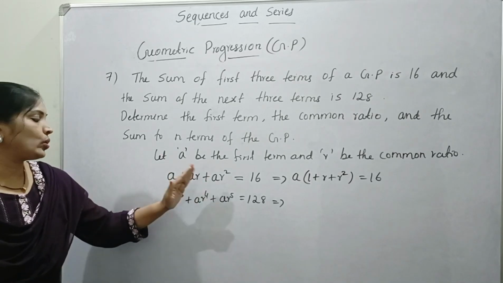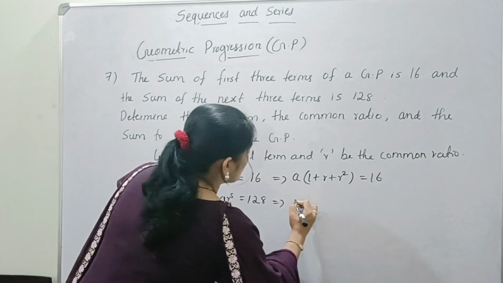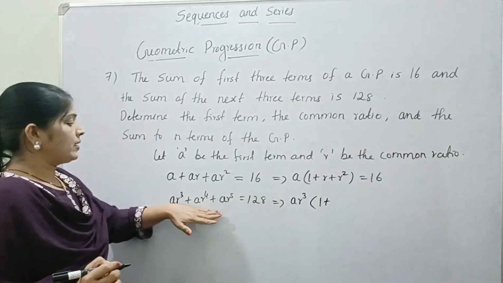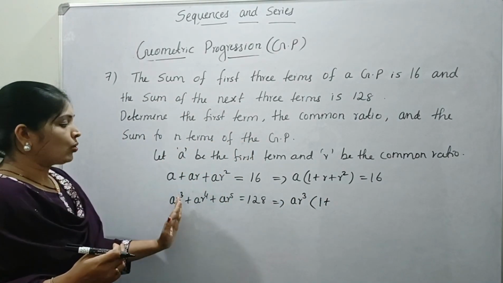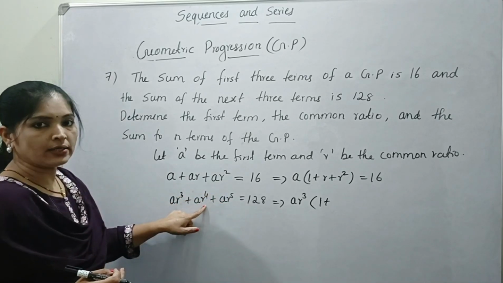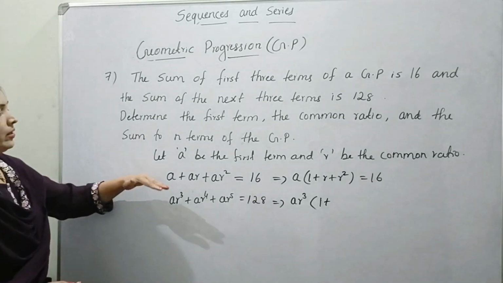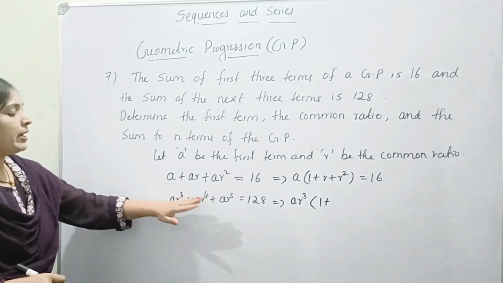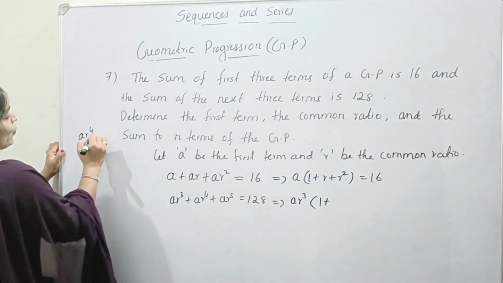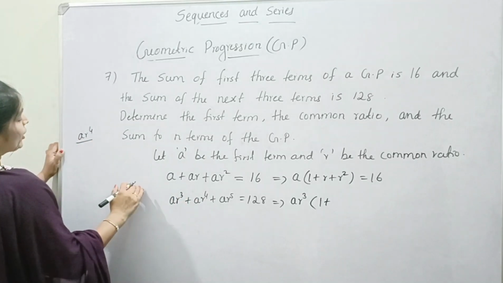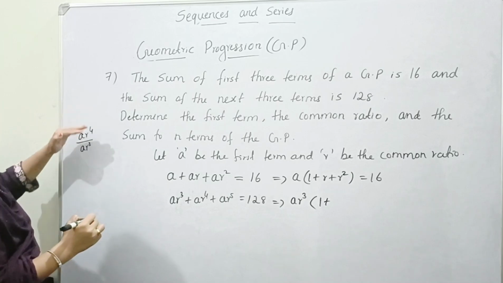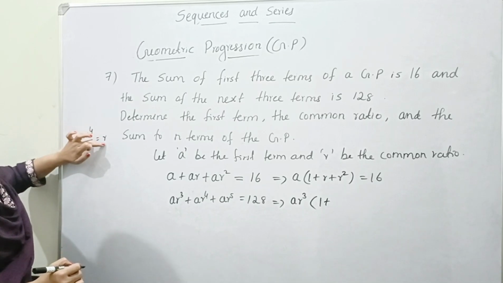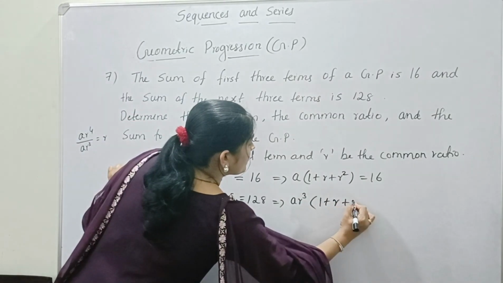So let us take ar cube outside. So ar cube into 1 plus r plus r square.